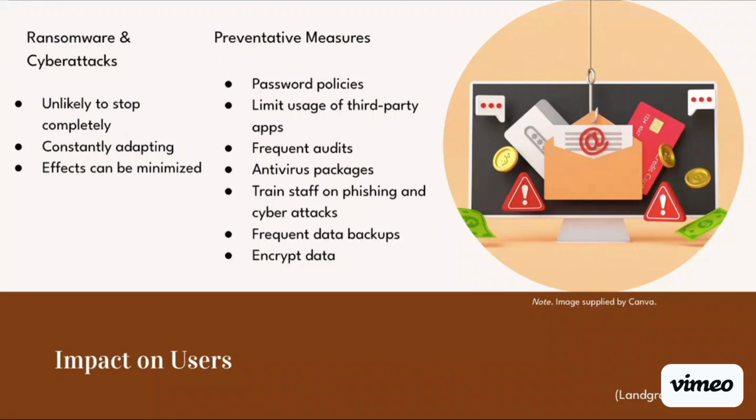Libraries can institute strong password policies, limit the use of third-party apps by staff, install antivirus packages on computer systems, conduct frequent audits of their security systems, and train their staff on phishing and cyber attacks, what they look like, and how to properly respond to reduce damage to library systems. Libraries can also have backups of all of their important data, as well as encrypt this data for extra security.